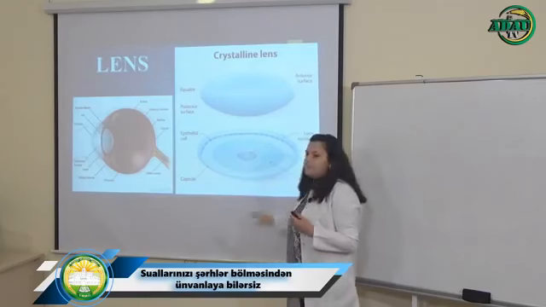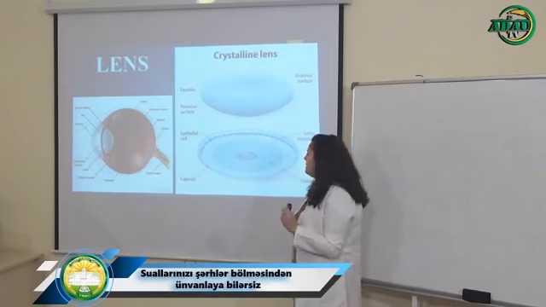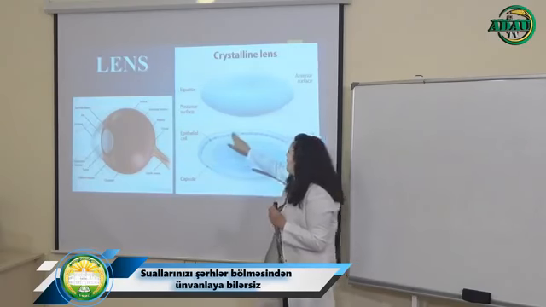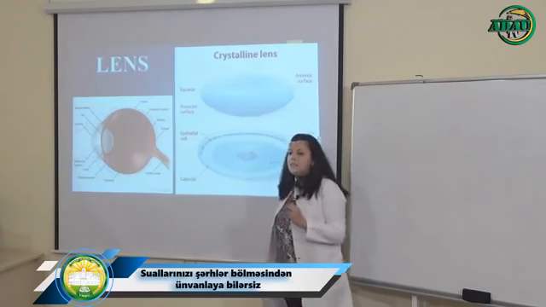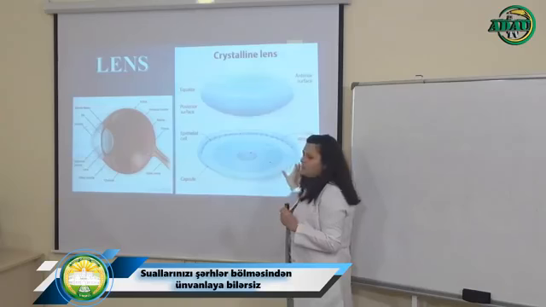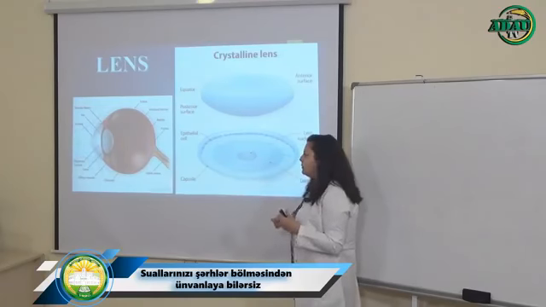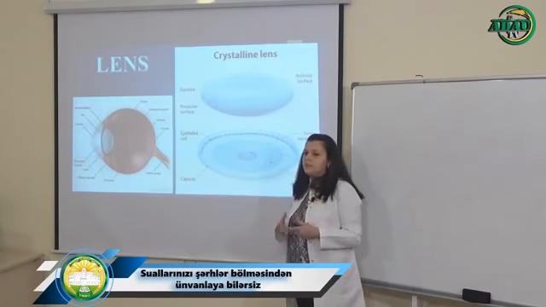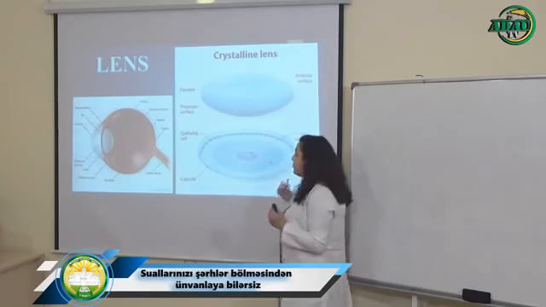The lens consists mainly of epithelial cells, but during the embryological development, these epithelial cells mainly occupy the anterior portion, the anterior part of the lens. Besides the epithelial cells, there is also a capsule. The capsule covers the lens from the outside, and if you remember, I said that the suspensory ligaments of the ciliary body are attached to the capsule of the lens.